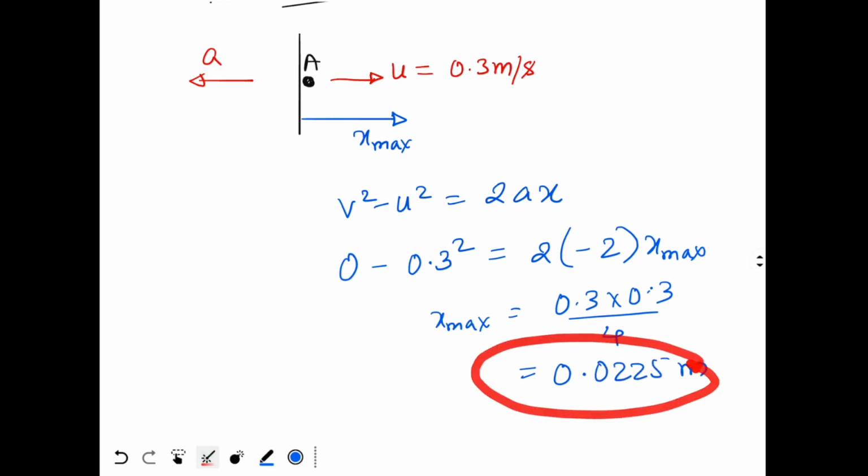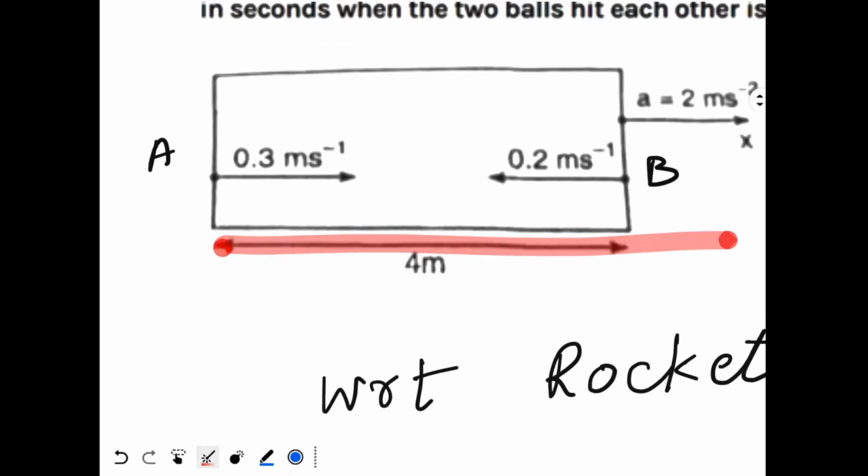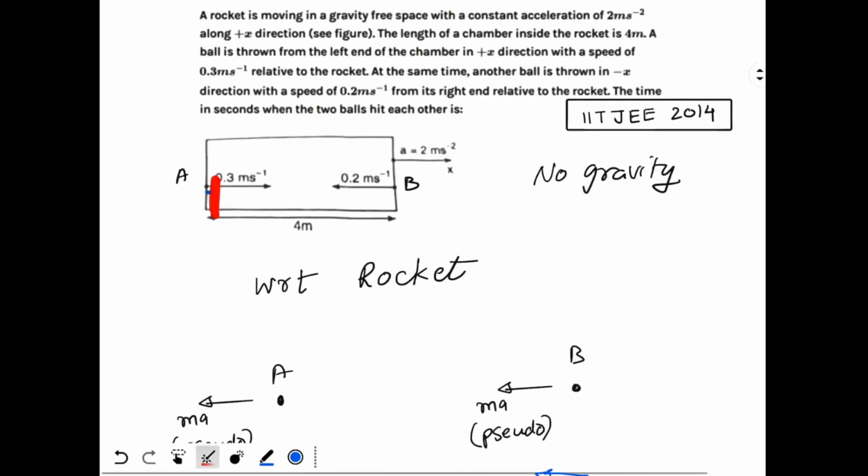This is a very small number as compared to the length of the rocket. Particle A will go up to a maximum distance of 0.0225 meter, and then it will bounce back. It will keep on bouncing like this and is not going to cross the distance of 0.0225 meter.